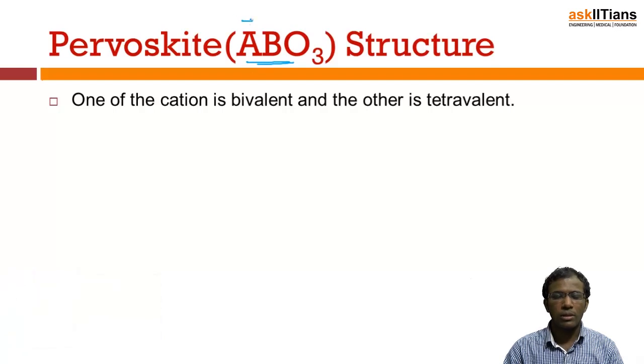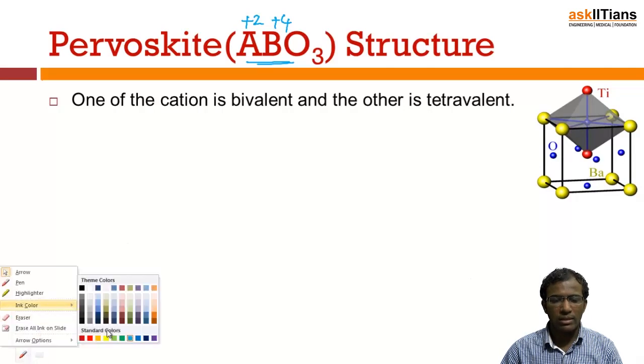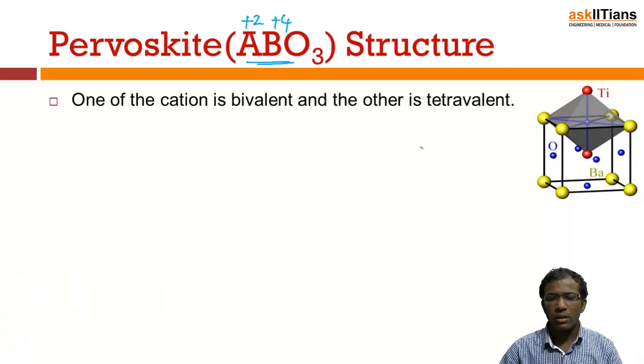So A is going to be bivalent and B is going to be tetravalent. An example is BaTiO3 or CaTiO3 that you can consider. In BaTiO3, the barium is +2 and the titanium is +4.